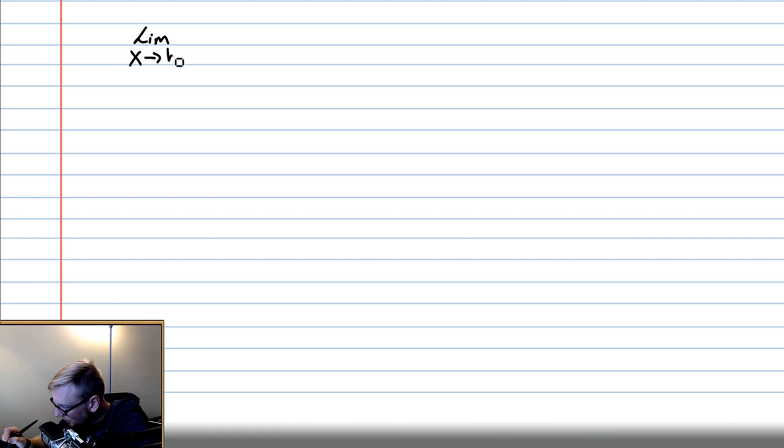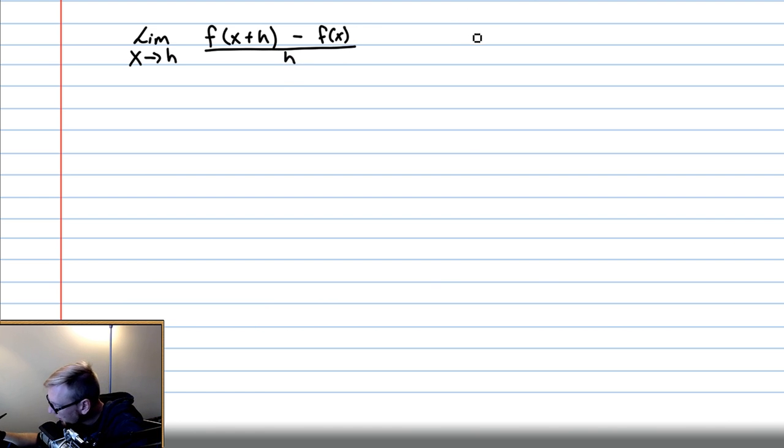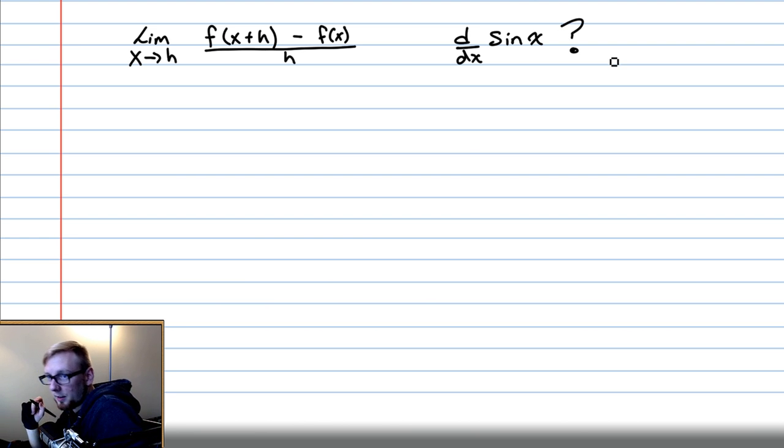As h approaches 0, this is the definition: f of x plus h minus f of x over h. We are going to do the derivative d by dx of sine. I haven't done these in a long time, so I'm not even sure if I remember all the tricks. It's not that hard, but we'll figure it out.